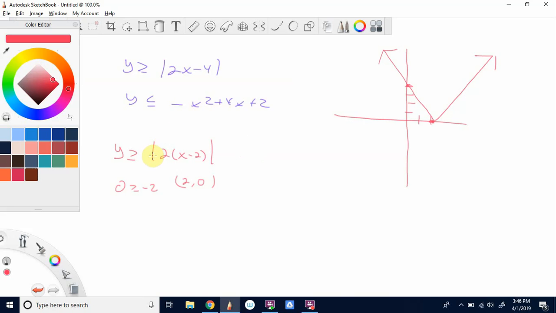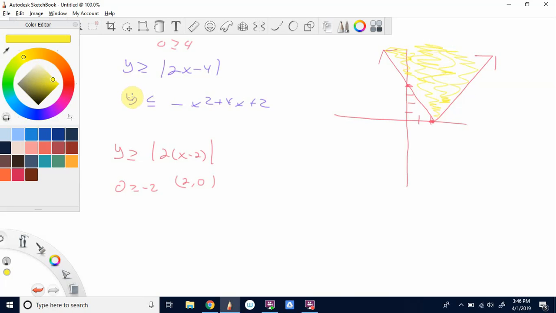Oh, actually, I put 0 in here, I have to put it in the original equation. Sorry. So 0, so it's negative 4, absolute value 4. Is 4 less than or equal to 0? That's false. So my solution for this is going to be here. Okay? I also can go to the y-intercept, and see where y increases inside here.